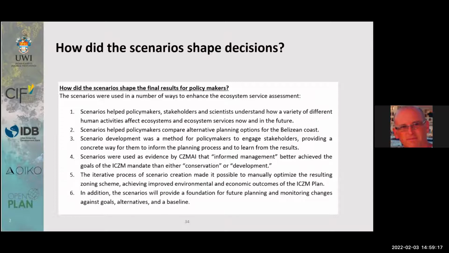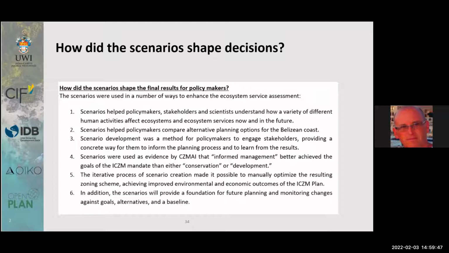And it's just reinforcing the value of scenario setting and how INVEST as a tool could be useful, not just for ICZM, but for national planning in general. Firstly, the scenario approach helped a range of stakeholders to understand how a variety of different human activities are affecting ecosystems, their services, both currently and in the future.